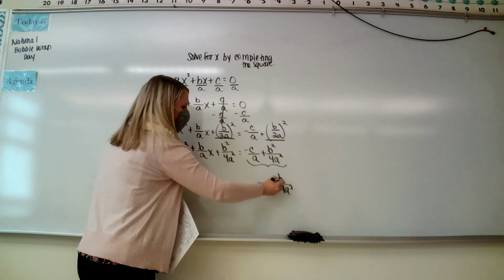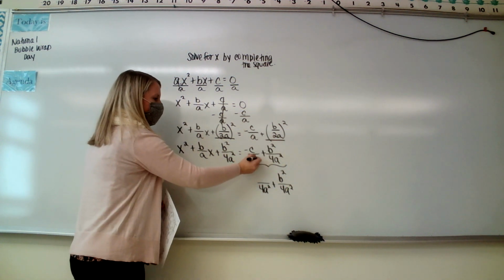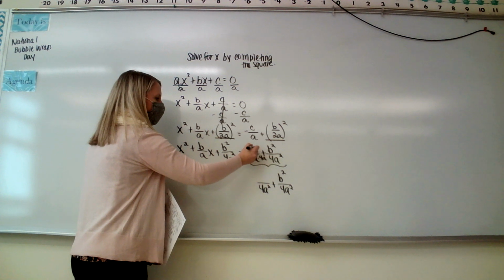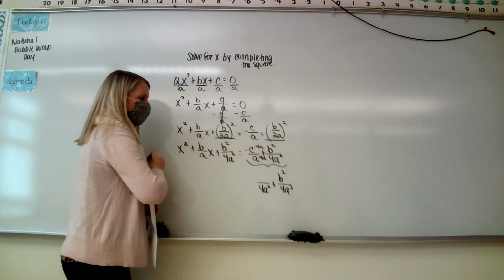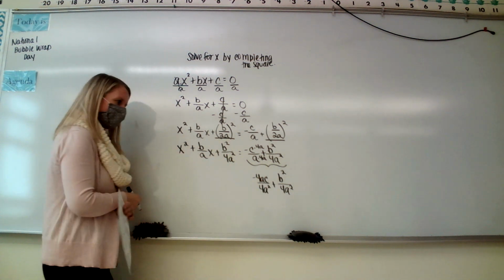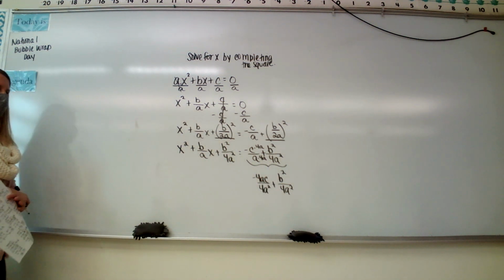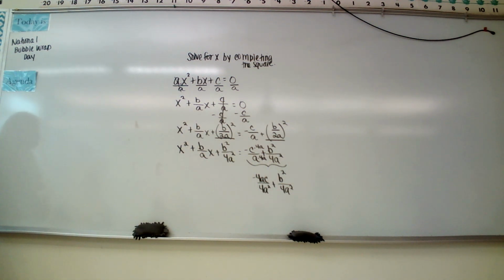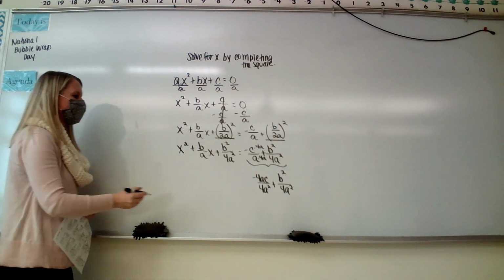So this would just stay the same, but this I'd have to multiply by 4a. So I'm going to write that as minus 4ac. That's looking a little familiar if you remember the quadratic formula. So now that side's cleaned up. We have fractions, but they have common denominators, so that will make it easier.